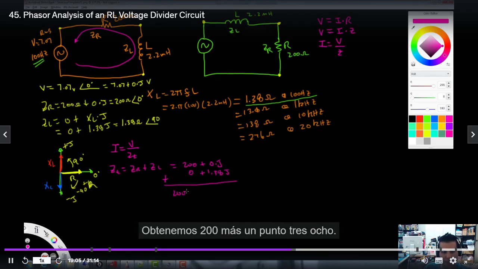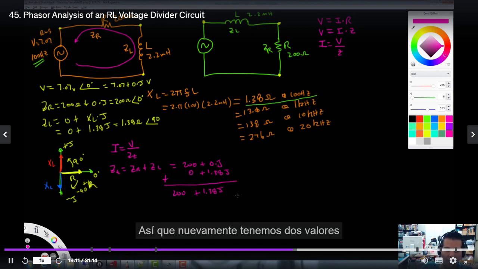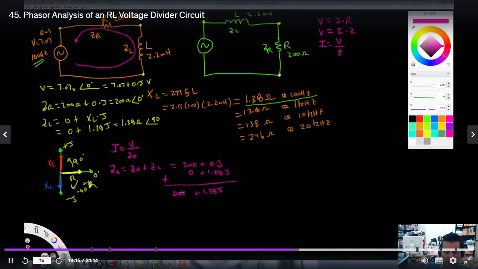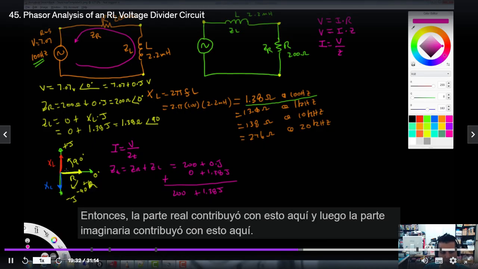All right, so we add these two things together. What do we get? We get 200 plus 1.38j. Again, we've got two different values here. One is in the real axis and one is in the imaginary axis. If we look over here in the phasor diagram, the real part contributed this, and then the imaginary part contributed this.